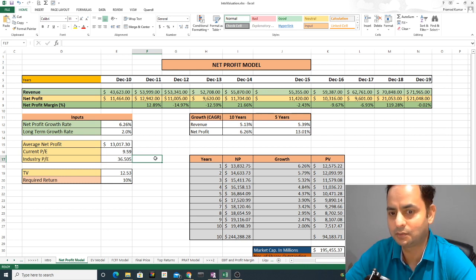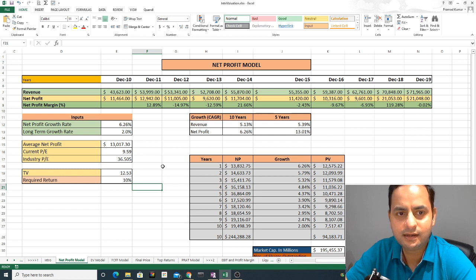Historically, the average S&P 500 return is 10 to 12%. I just take 10 because, due to COVID-19, the market is not very good, so I'm relaxing a little bit there. Otherwise, I'd prefer 12 or higher.